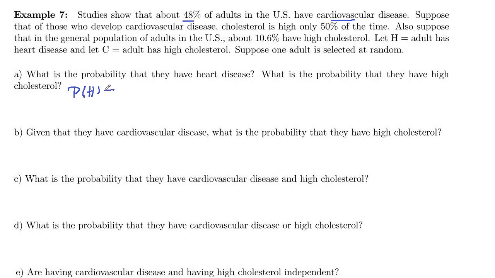So that's one of our given probabilities. What's the probability that they have high cholesterol? So probability of C. So in the general population, 10.6% have high cholesterol. So that's also a given. So that's 0.106.